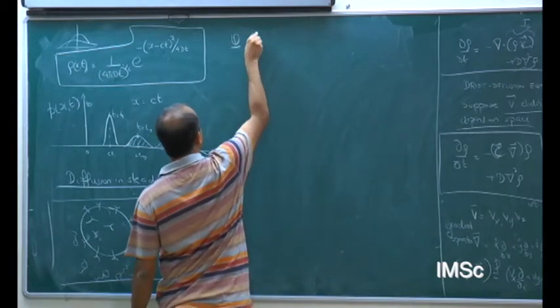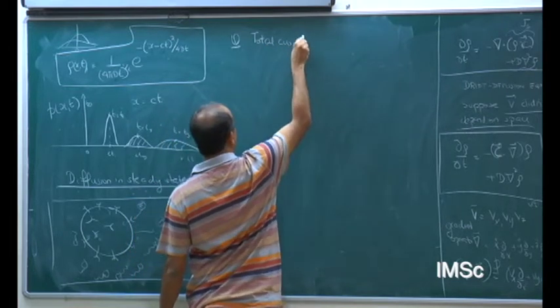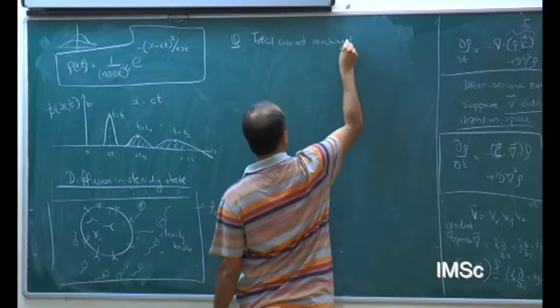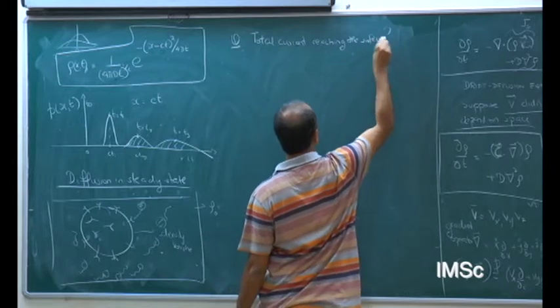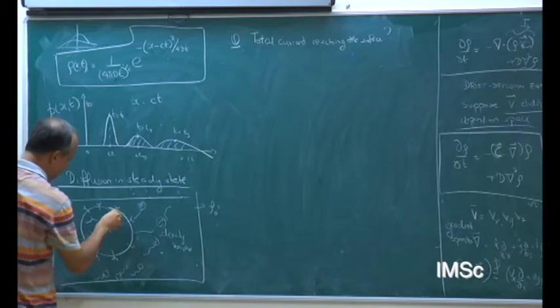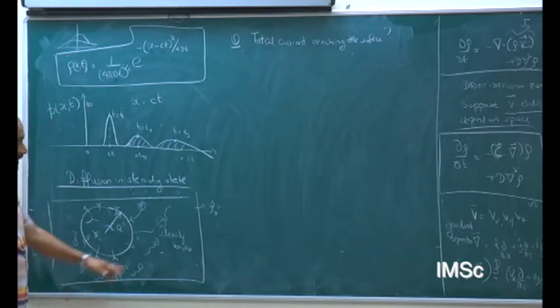The question is the total current reaching the surface. This is a sphere. The sphere has some radius a. Far away, the density is fixed.